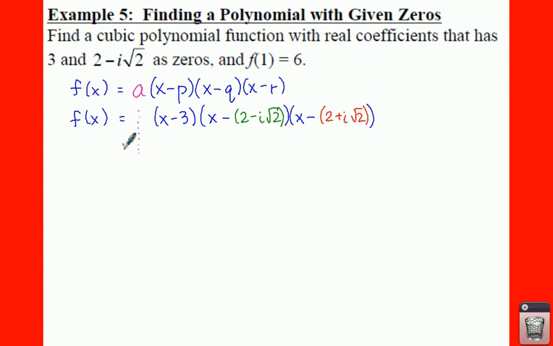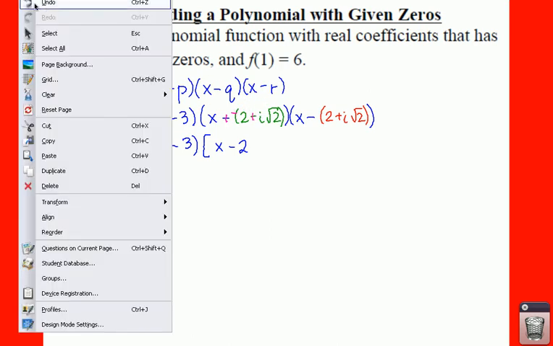So I'm going to have this equal, and then x minus 3. And inside this bracket here, we're going to put x minus 2. And if we distribute this negative through, this ends up becoming a positive 2 and a negative, sorry, both of those end up changing.